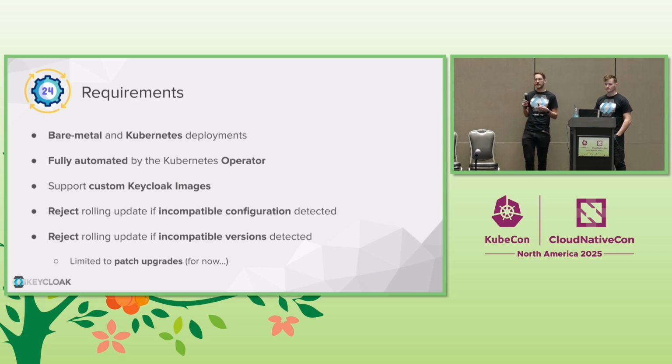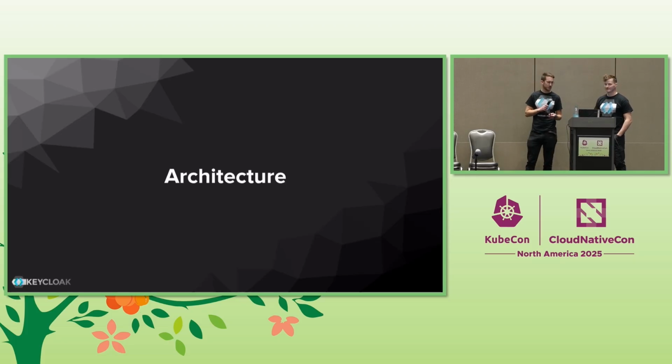And so for our initial solution, we're limiting it to only allowing the rolling update of Keycloak patch releases. So 26.5.0 to 26.5.1, that kind of thing. So they were our requirements. I'll now walk through the solution that we came up with and then how we automated that within our operator.